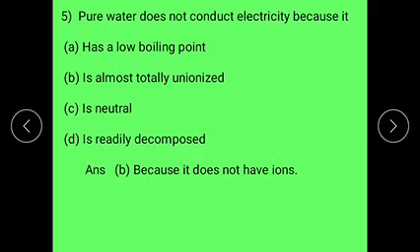The right answer is B, because it does not have ions. Pure water is almost totally unionized, which means it does not conduct electricity.